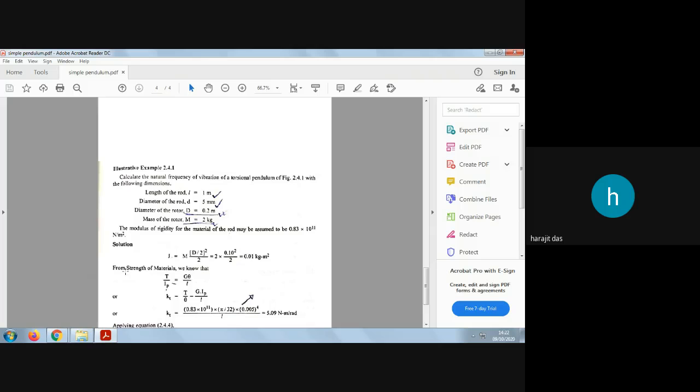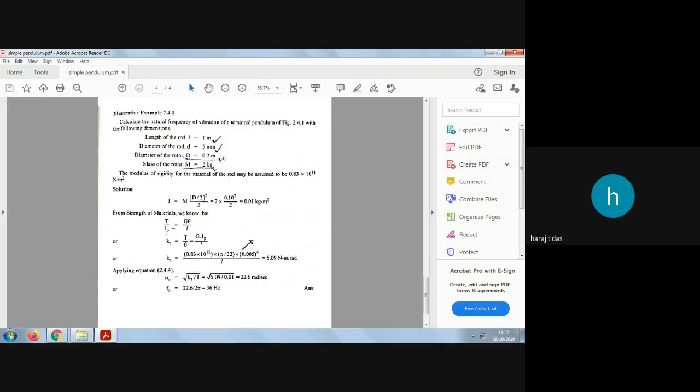From strength of materials, what you have studied, T by J. Here it is written T by Ip, because J is already used for mass moment of inertia, so they write Ip, the polar moment of inertia.